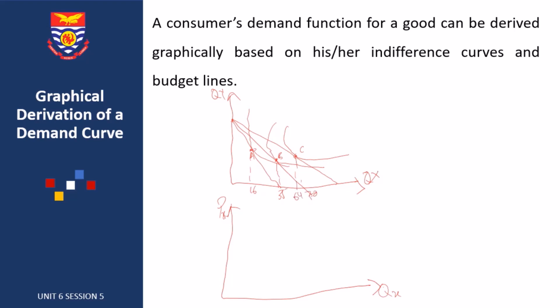We'll give this place 70 and let this place be 100. Name the indifference curves: this is U1, U2, this is U3. Alright. So I'll name this graph A, I'll name this graph B.